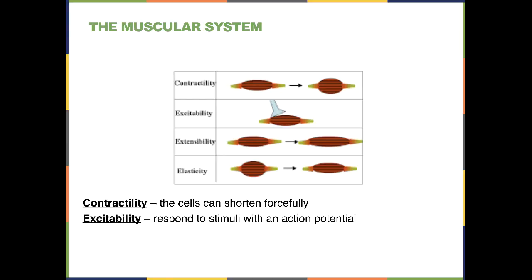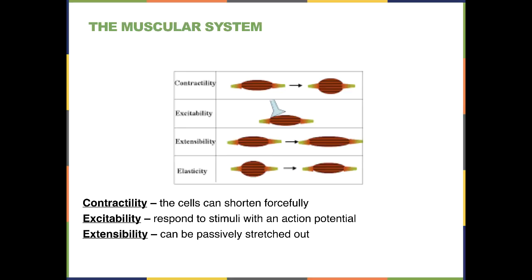The second is related to the first in that one is required for the other to occur, and that's called excitability. Excitability means that the muscle cells can respond to an outside stimulus, and that response is what's known as an action potential, which we talked about in detail in the last set of videos.